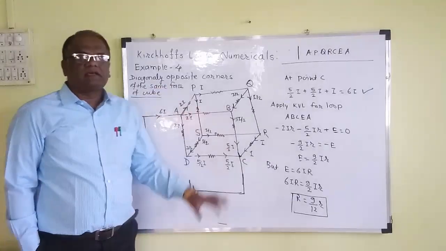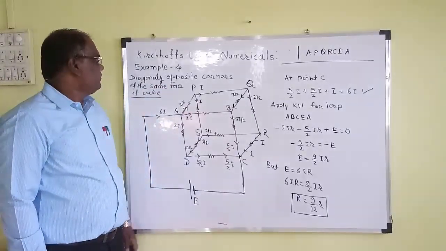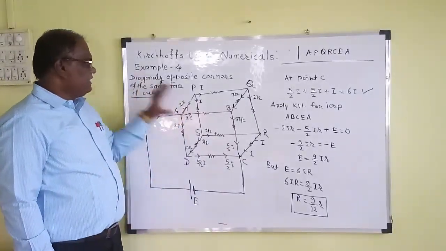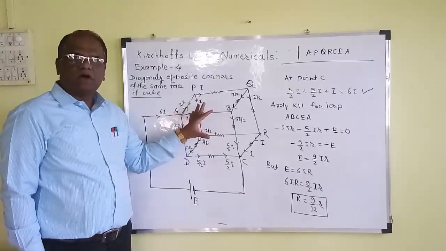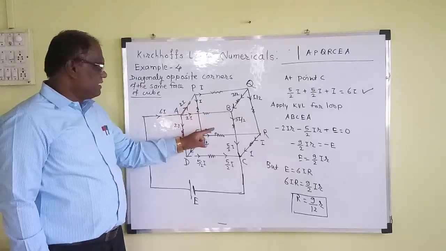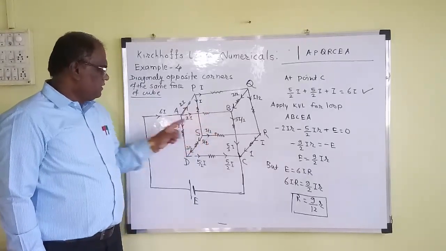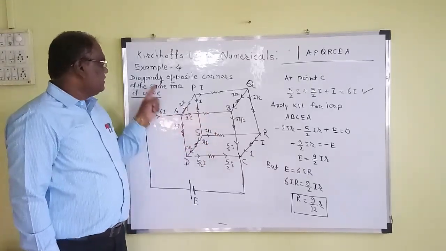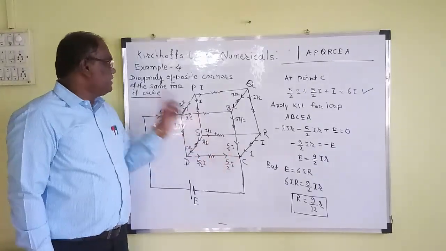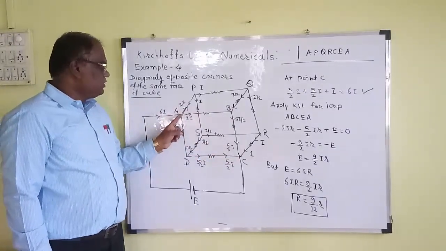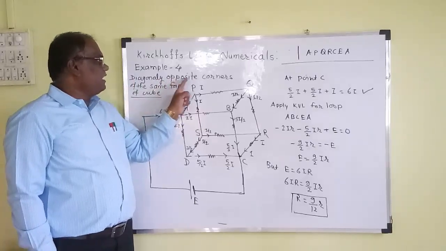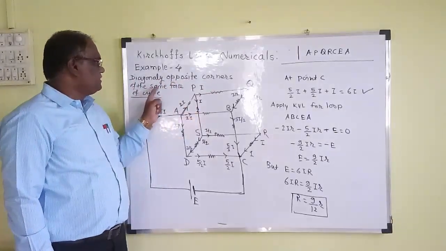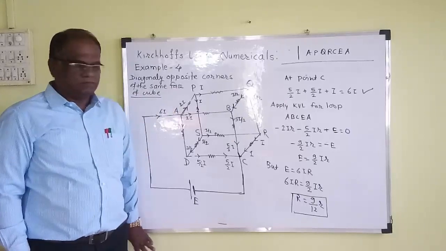Let us solve another example. In this example, again this is the example of a cube or skeleton. You have to find the effective resistance between the 2 points which are diagonally opposite corners of the same face of the cube.